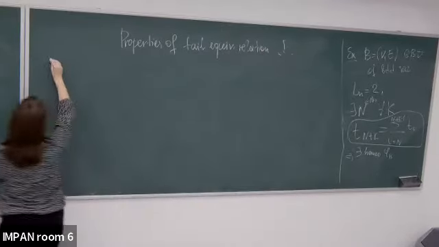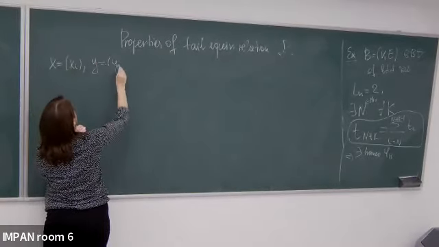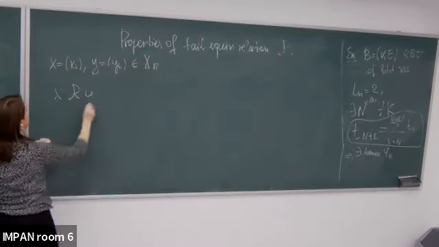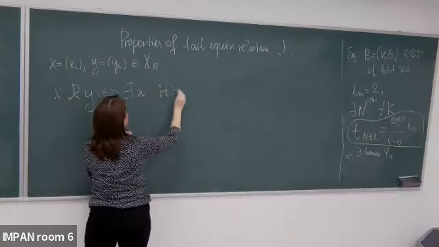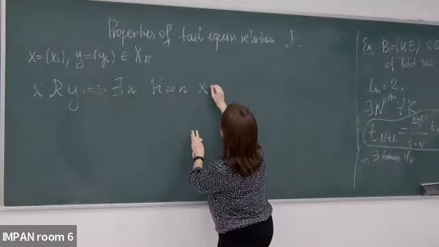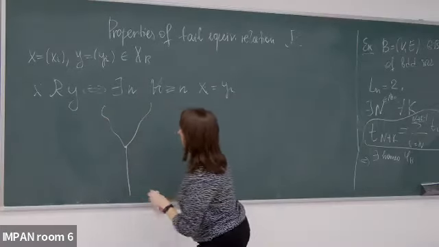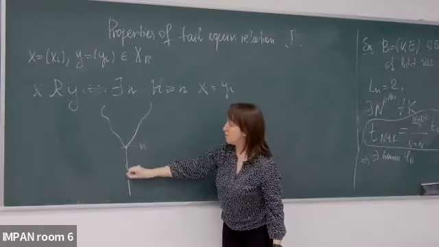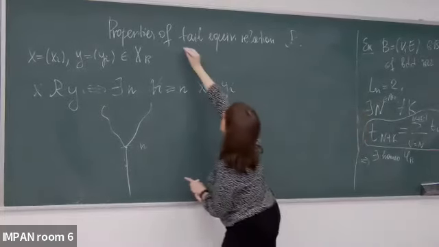Let's recall that if we have independent paths, they are tail invariant if and only if there exists a level such that starting from it the tails coincide, so all edges are the same. This is called the tail equivalence relation.